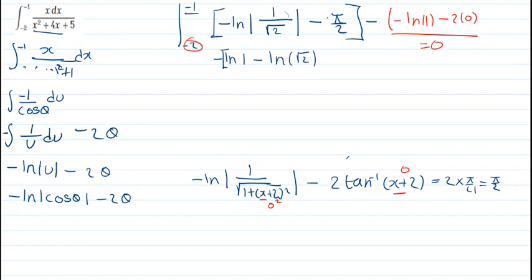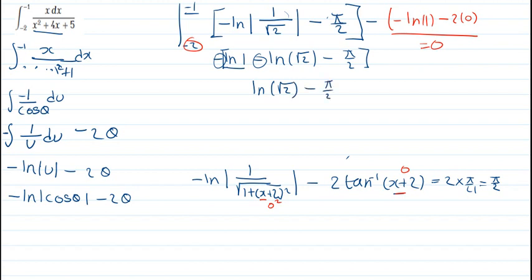With this, we can get a simplified division. So we have pi over 2 this side. Then here, when you punch it on your calculator, natural log of 1 is simply a 0. Then this negative and this negative is going to give us a positive. So we're going to have natural log of square root of 2, then minus pi over 2.